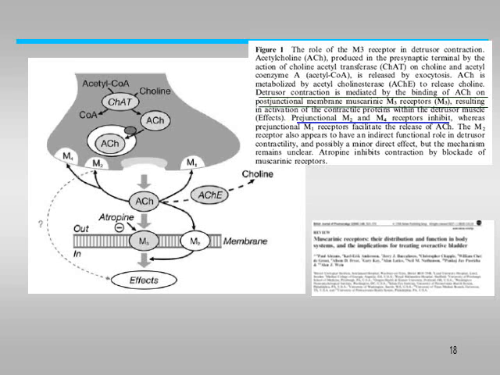It's believed that the presynaptic M2 and M4 receptors inhibit the release of acetylcholine, while a presynaptic M1 receptor would release even more acetylcholine if activated. Remember we talked about presynaptic receptors, and we said we can have inhibitory receptors or stimulatory receptors with respect to the release of transmitter.